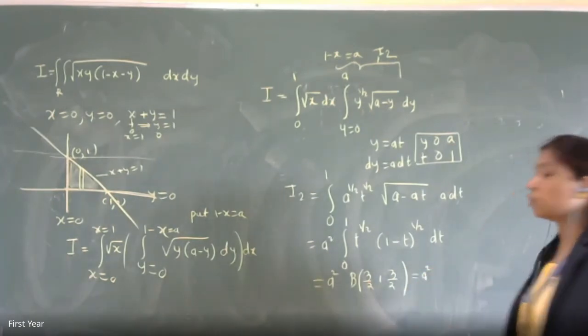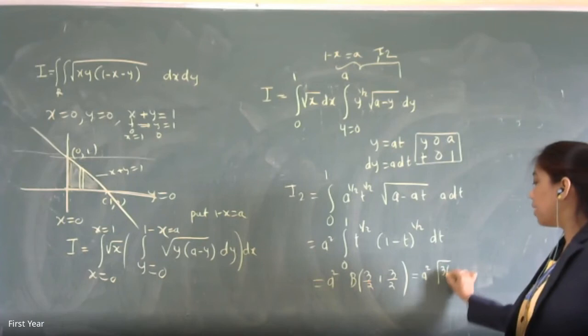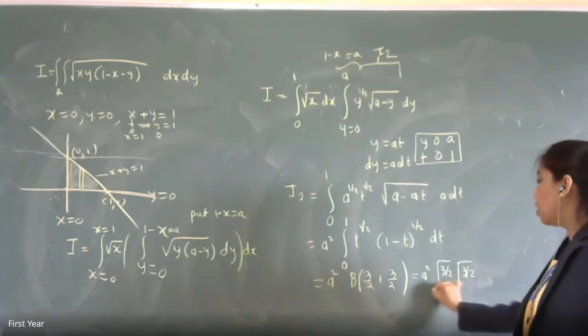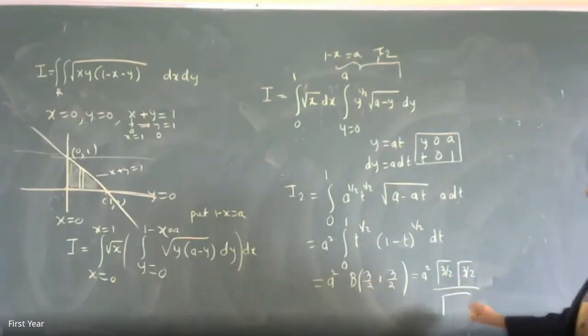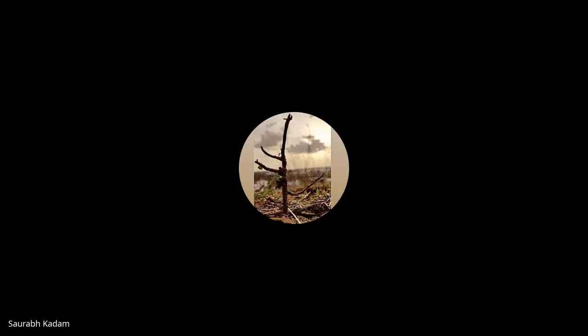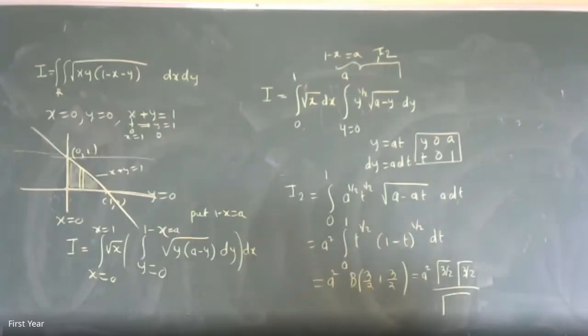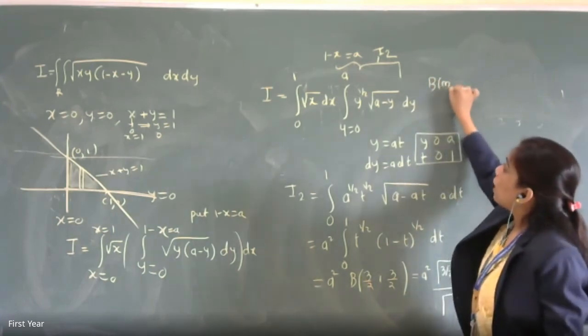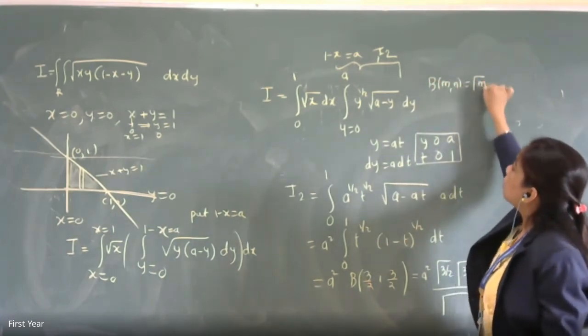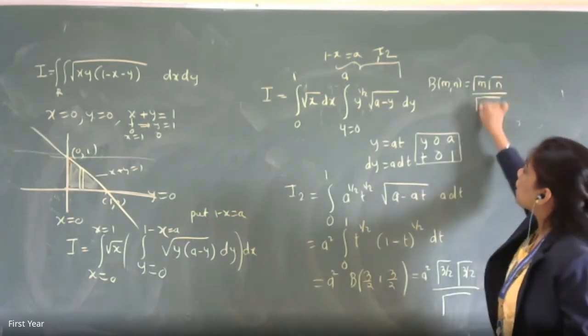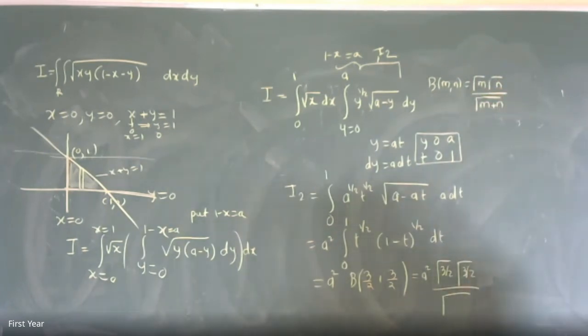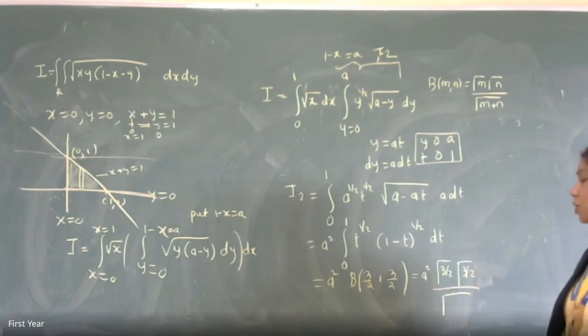Which is nothing but a square into, what is beta of 3 by 2? Gamma of 3 by 2 into gamma of 3 by 2, upon gamma of 3 by 2 plus 3 by 2. Once again, it is a relation between beta and gamma: beta of m comma n is gamma m gamma n upon gamma m plus n. So 3 by 2 plus 3 by 2 is 6 by 2, which is 3.